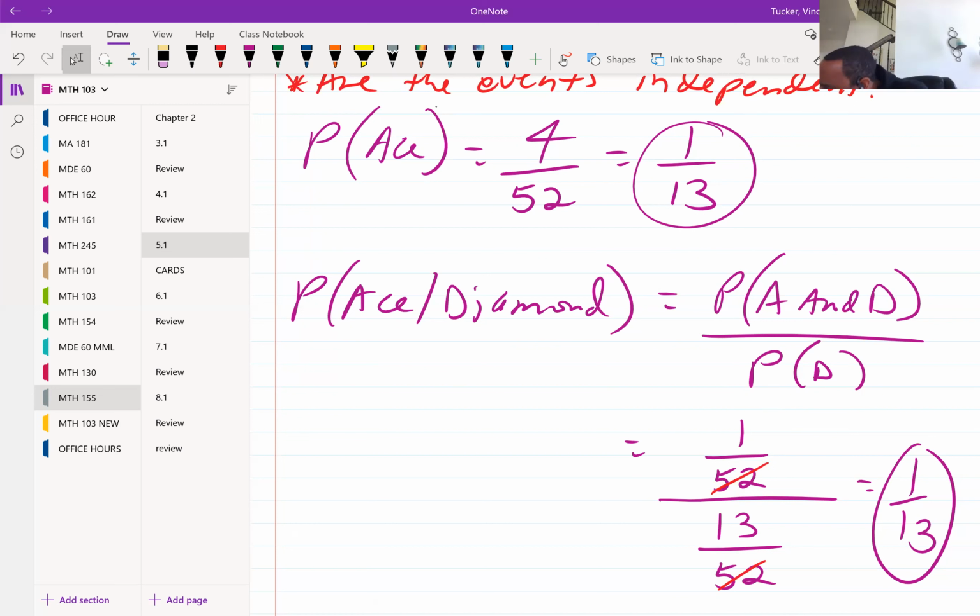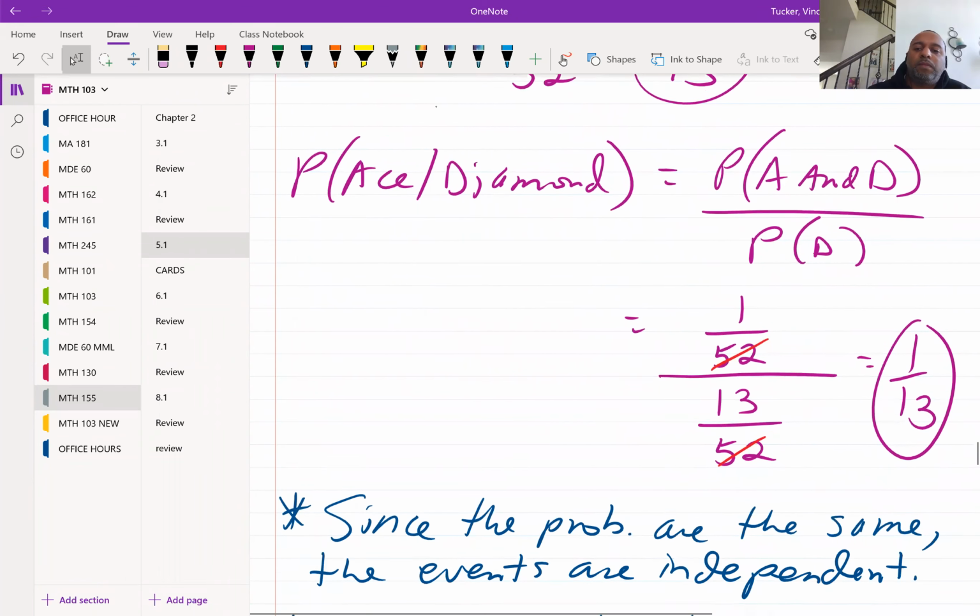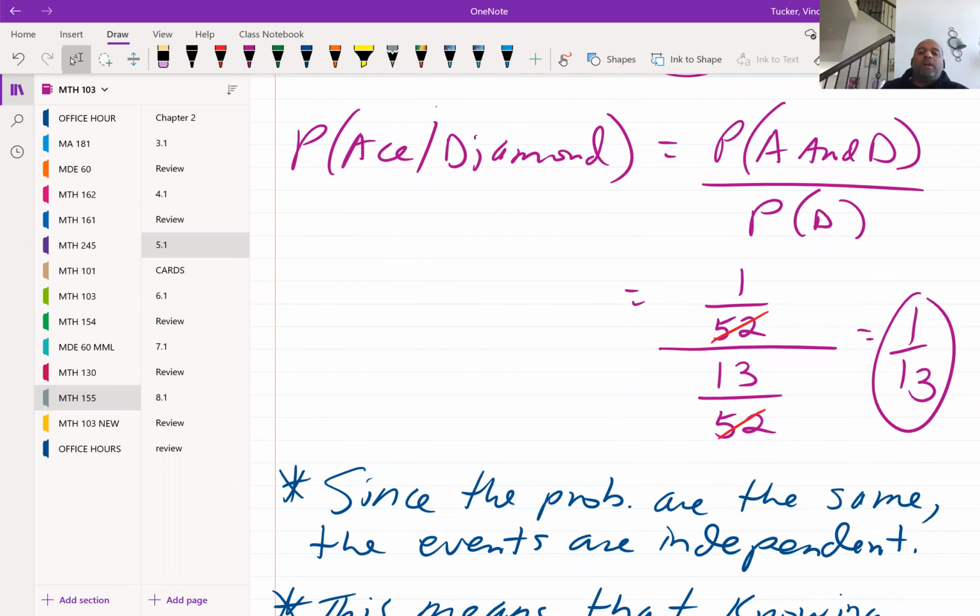Any problems? All right, so conclusion, since the probabilities are the same, the events are independent.